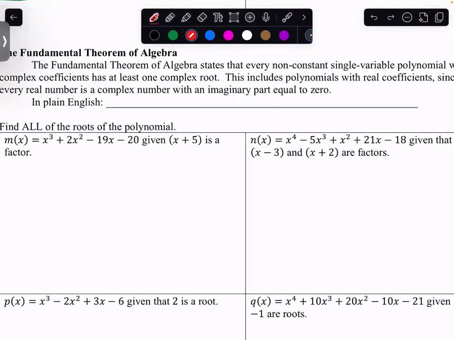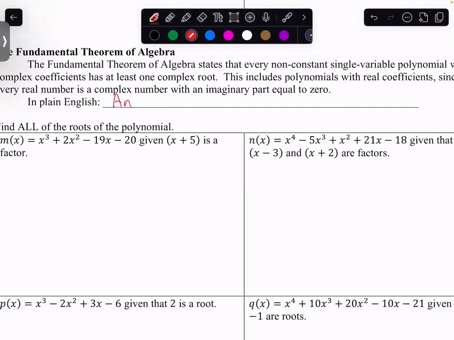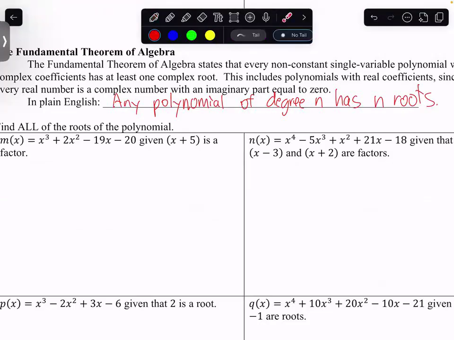But what we need to know about this: any polynomial of degree n has n roots. So if it's degree 3, it has 3 roots. Degree 5, it has 5 roots. Degree 11, it has 11 roots.